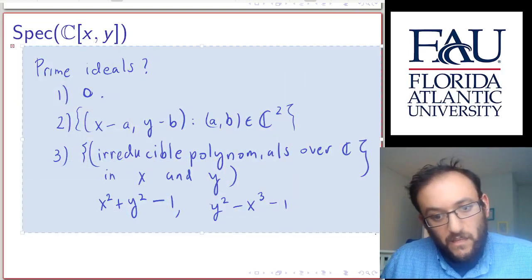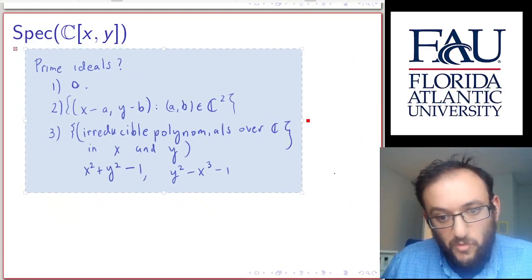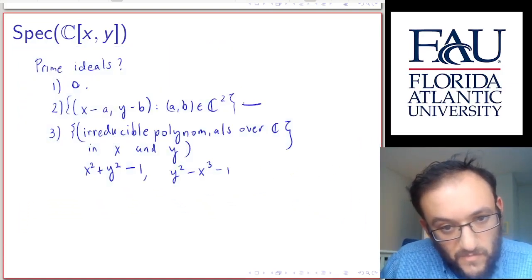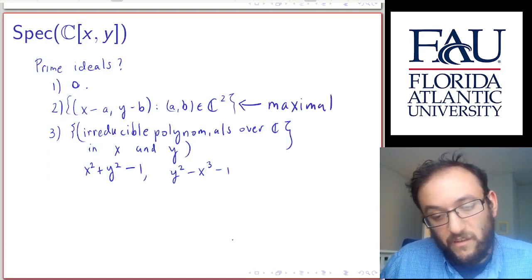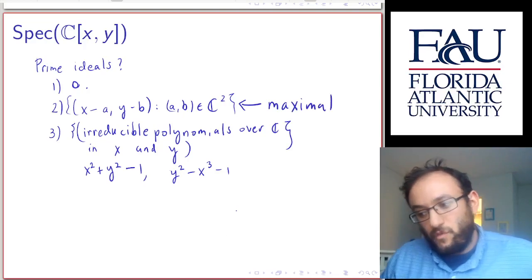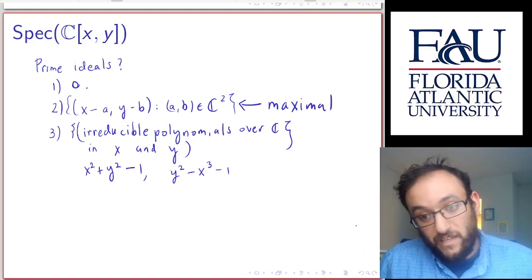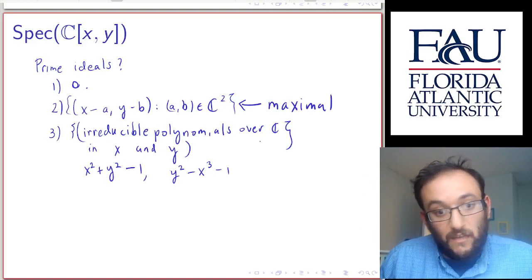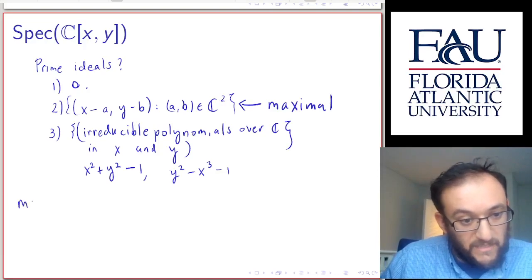And if we want to think about which of these points are closed, these ideals are maximal. When you quotient by these, you get a field. And so the set of prime ideals containing them, well, the only ideal containing a maximal ideal besides the whole ring is itself. So that means that these are our closed points. So the maximal ideals correspond to closed points.